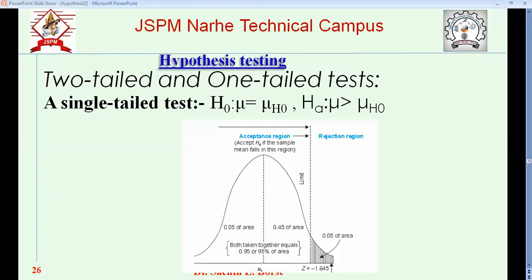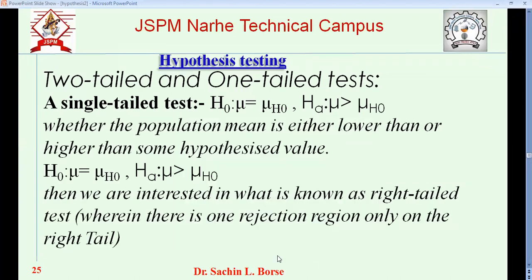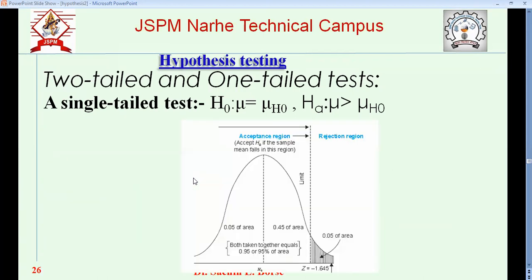Now we will go to the right tail test, where for the null hypothesis mu equals mu h0, and the alternative hypothesis is mu greater than mu h0. So the rejection area is on the right tail.